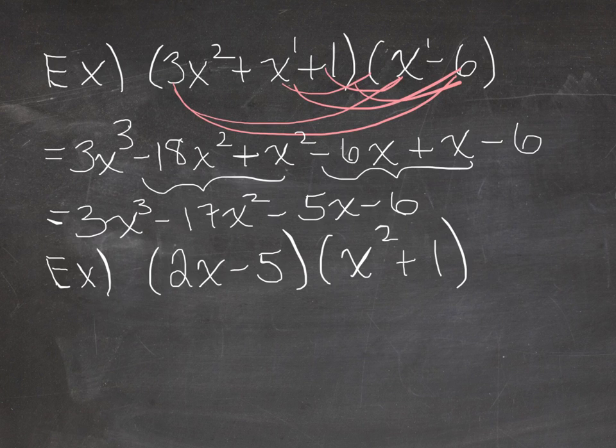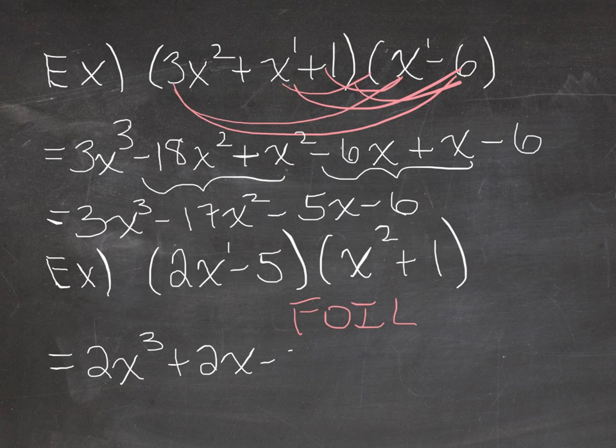Okay. In the next example, I have a binomial times a binomial. So I'm going to use FOIL. So multiplying 2x by x squared, I have 2x cubed, remembering that there's an invisible 1 there, and I add those exponents together. So 2x cubed plus 2x minus 5x squared minus 5.